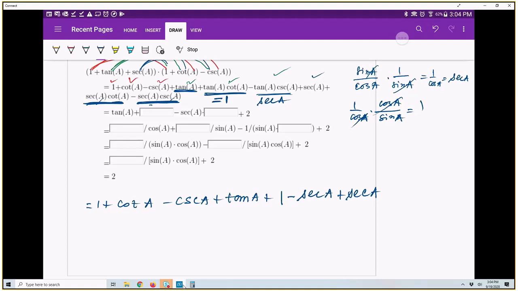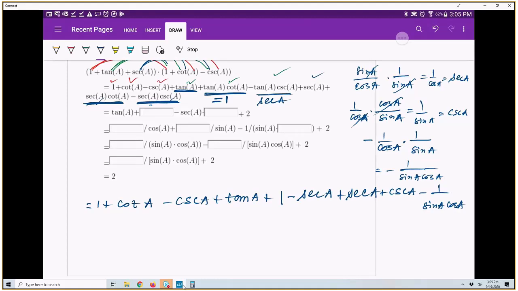You get 1 over sine A, which is cosecant A. So I can say this is plus cosecant A. And then as I said, minus secant A cosecant A. That should be minus 1 over cosine A times cosecant A, which is 1 over sine A. So this is minus 1 over sine A cosine A.